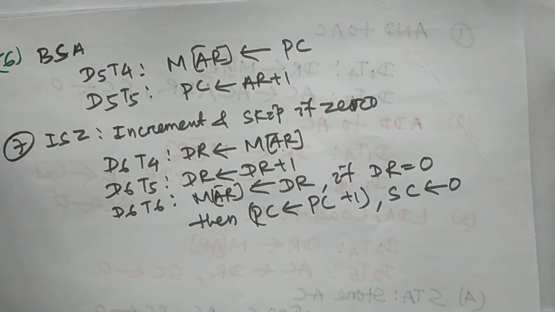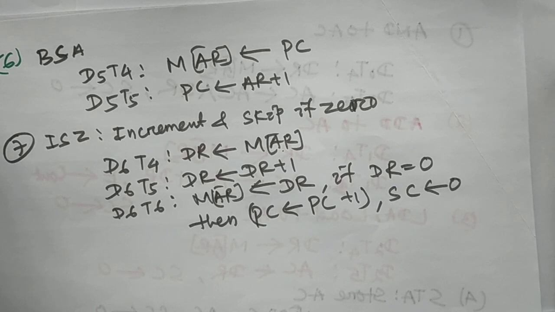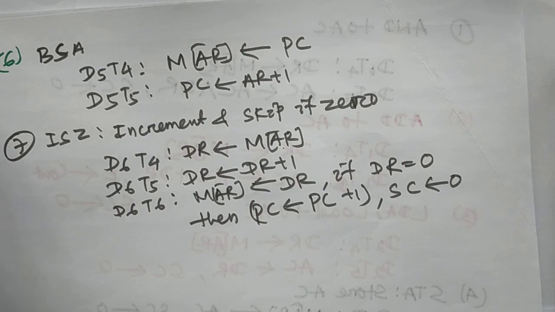In this way we can define different operations. The symbolic description is given, then we have to define accordingly. There is no confusion, because the different concepts are there. This is the basic concept regarding memory reference instructions and how they are defined in different ways.